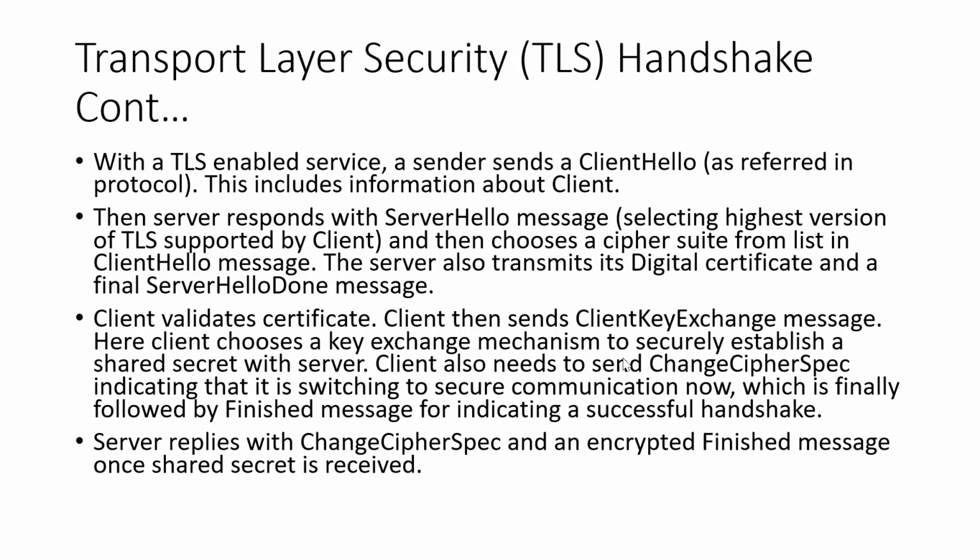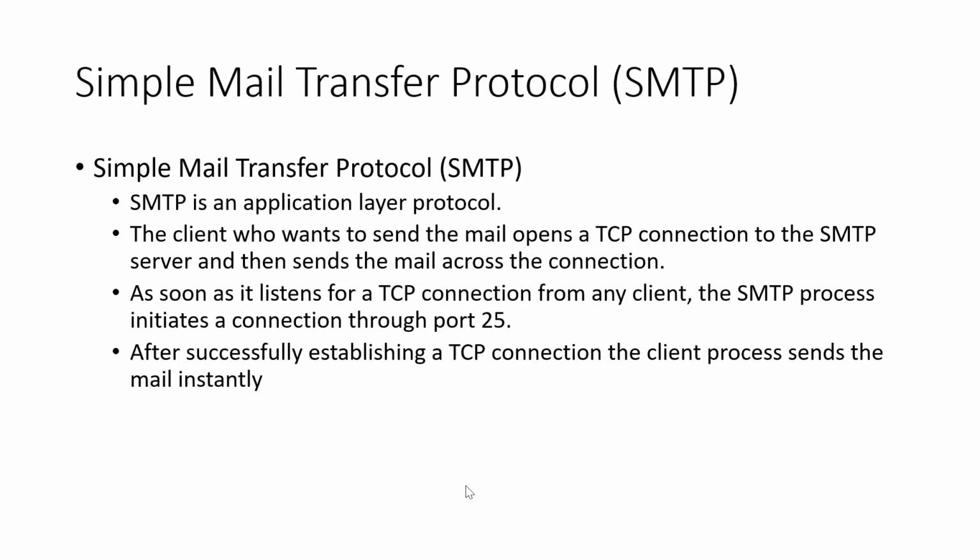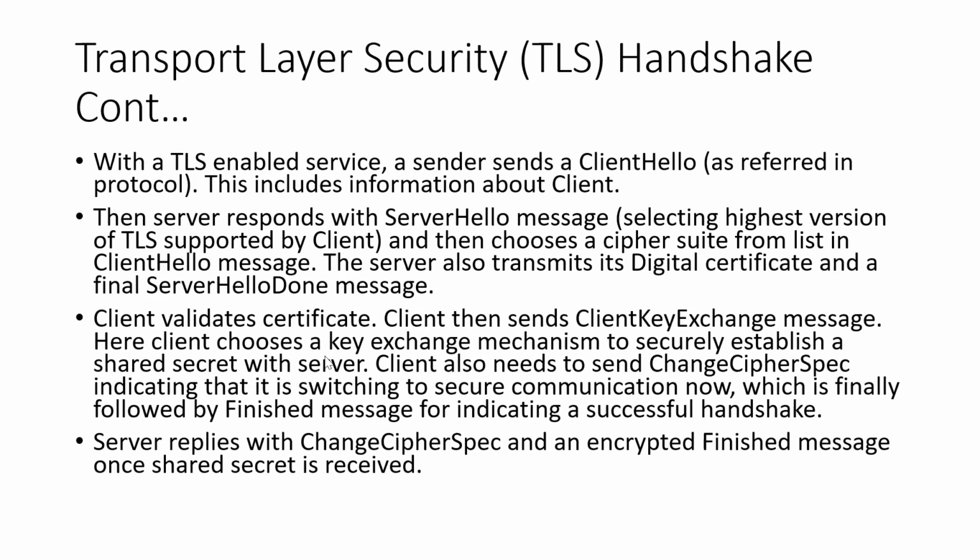So the client chooses a key exchange mechanism to securely establish the shared secret with the server. The client also needs to send a change cipher spec, indicating that it's switching to secure communication, which is finally followed by the finished message indicating a successful handshake. Then the server replies with a change cipher spec and the encrypted finished message, once the shared secret is received. So after they are securely connected, they can establish and transfer data.